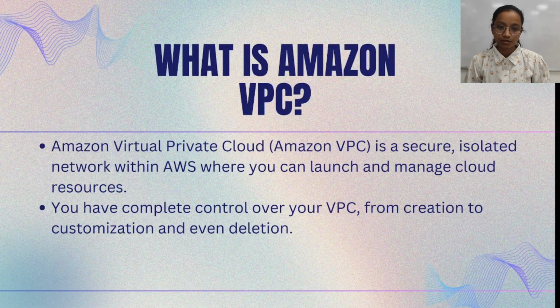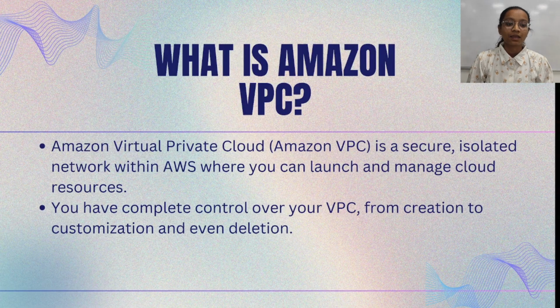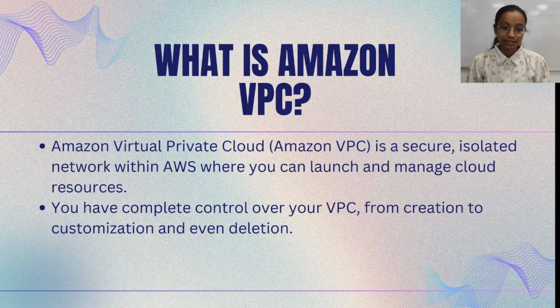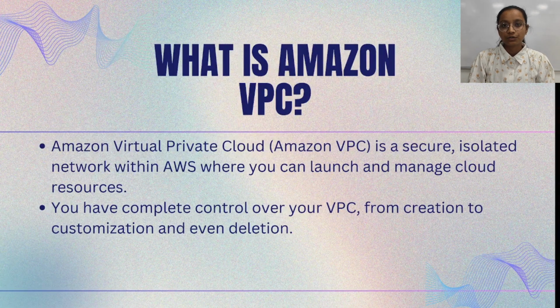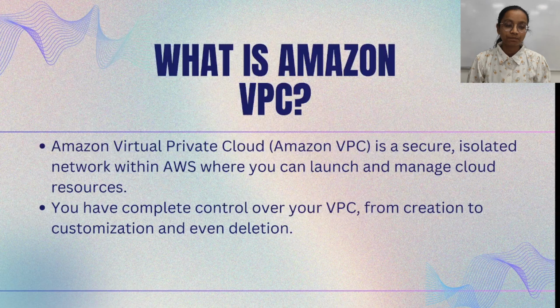First and foremost question, what is Amazon VPC? Amazon Virtual Private Cloud, or VPC, is a secure, isolated network within AWS where you can launch and manage cloud resources. Basically, there are thousands and millions of users who use AWS every day. And of course, we don't want to put our resources at the same place where everyone views and shares the resources, right?